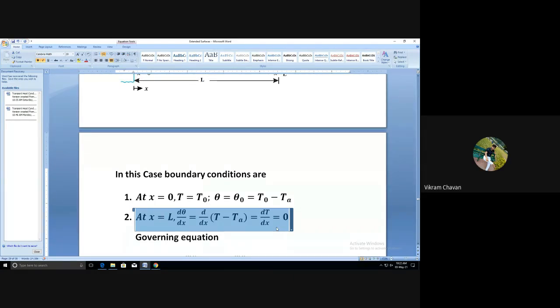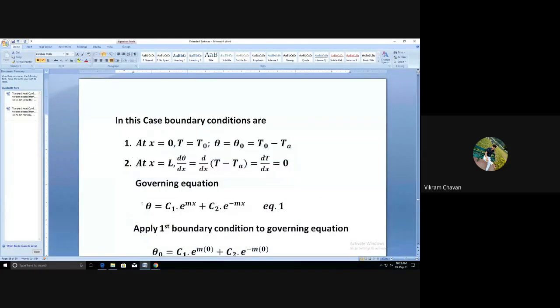And as the fin is insulated, the differentiation of T with respect to x will become 0, or there will not be any temperature gradient at the end of the fin. So these two boundary conditions we have to apply to the governing equation for the fin.